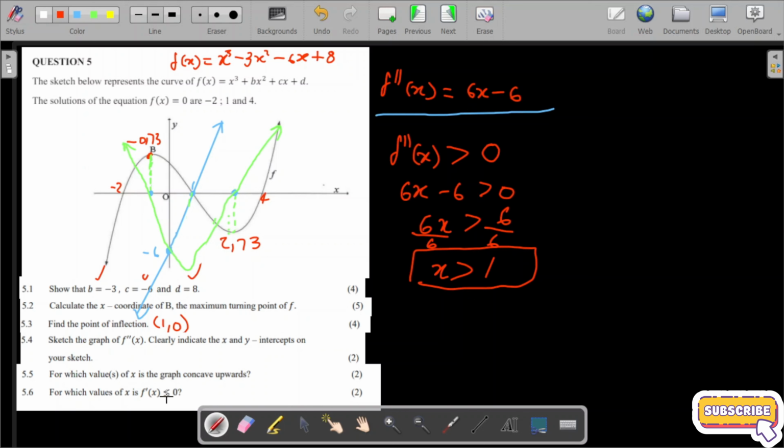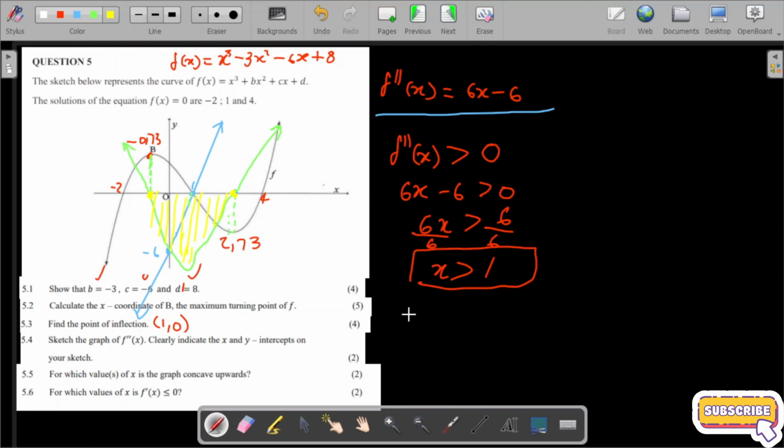Now, where is my graph going to be less than 0? My graph is going to be less than 0 because it's going to be below 0. That's where my graph is going to be less than 0. It's between this x of a turning point and this x of a turning point, at the x-intercepts in this case.